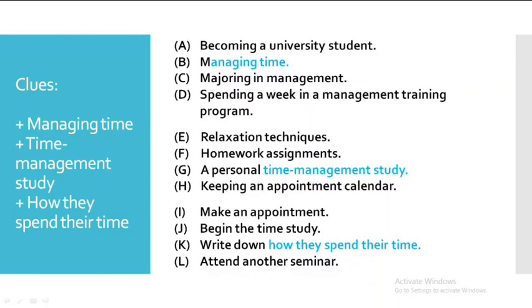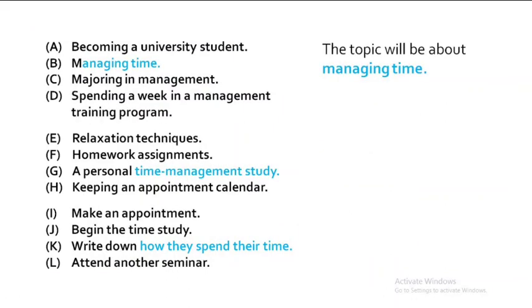There are managing time, time management, study, how they spend their time. After we look at the words and expressions and also the groups of answer choices, we found the clues. And from the clues, we know that the topic is managing time.